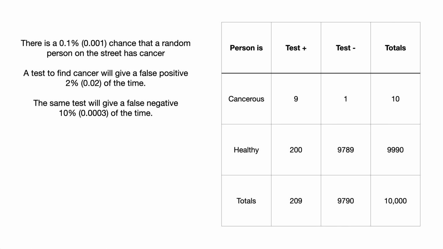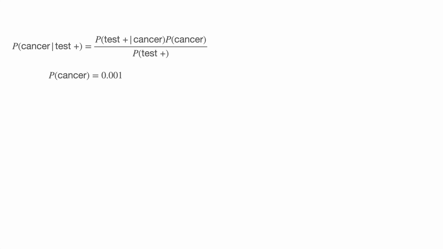Okay, this contingency table, this confusion matrix, is showing us how good our test is. Our machine learning test, if you will. Okay, let's apply Bayes' rule.